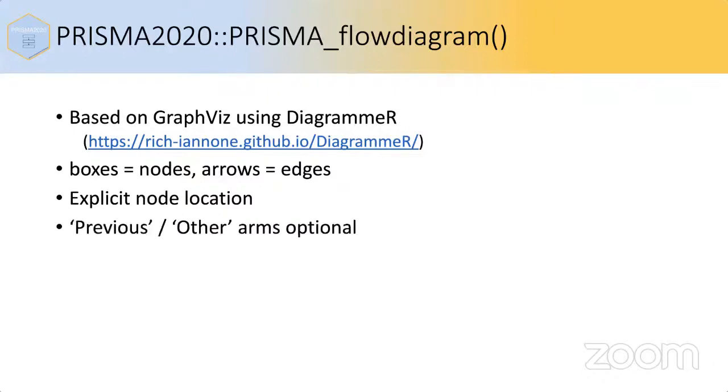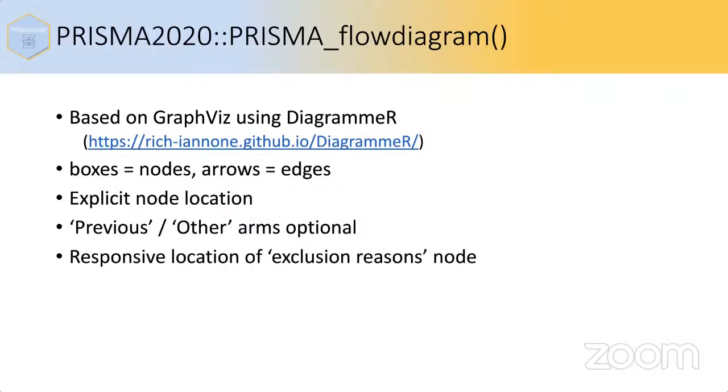Another important factor is that the previous and other arms of the PRISMA 2020 flow diagram are optional. So if you haven't integrated studies from previous reviews, or if you haven't searched other sources of information, those arms can be dropped from the resultant flow diagram.